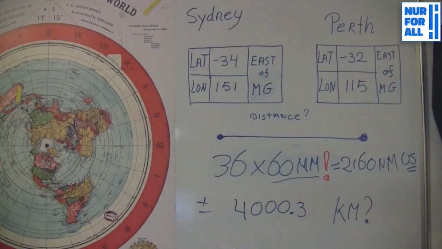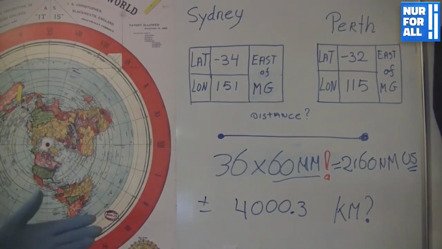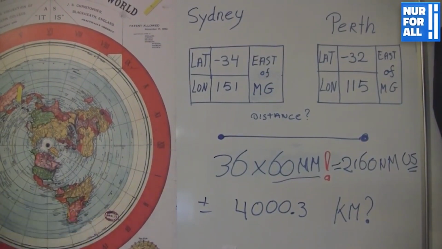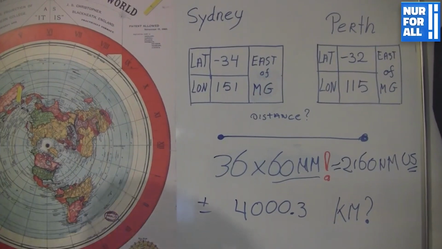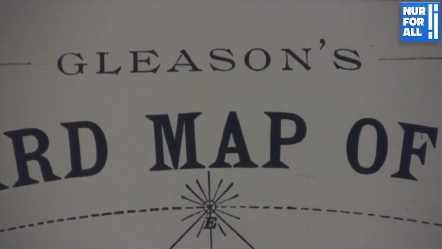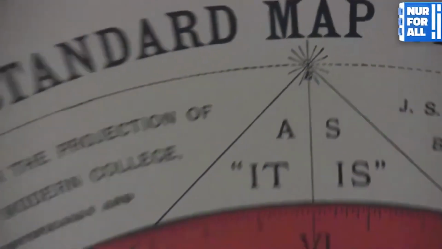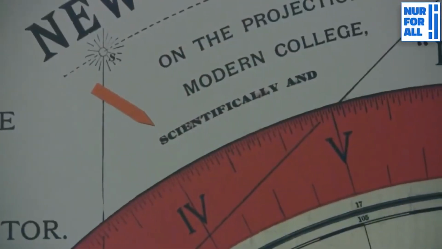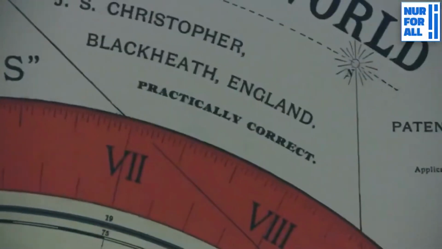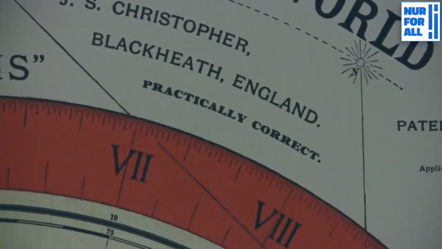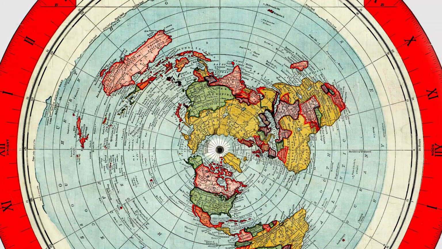So the total distance between Sydney and Perth is 2,160 nautical miles, and we need a modern conversion to convert it to kilometers, and that's approximately 4,000 kilometers. So I hope I answered the question, and I have to say the Gleason map is scientifically and practically correct. Okay, the distance between Sydney and Perth is about 4,000 kilometers.